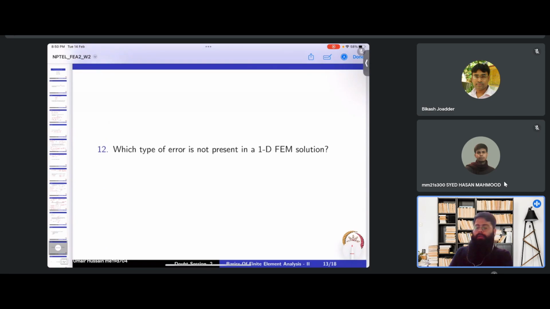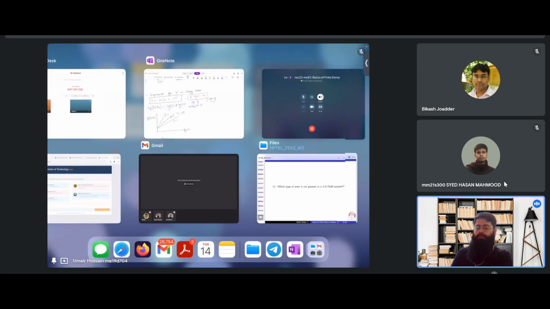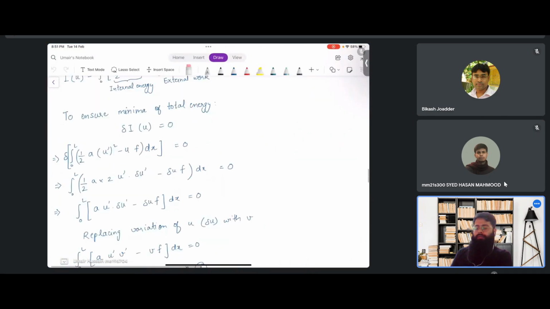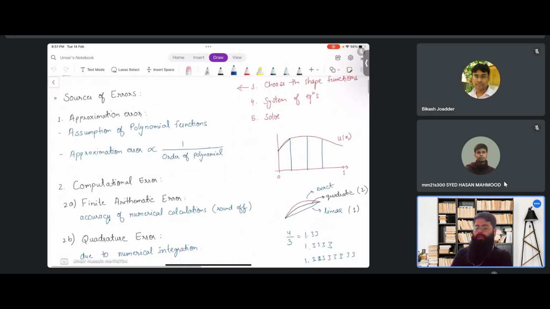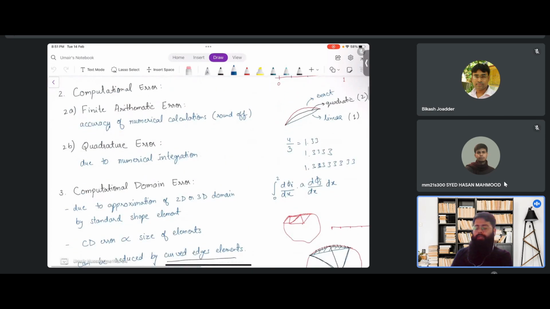So again, we studied this initially. What type of error is not present in a 1D FEM solution? How many types of error do we have? Three main types: approximation error, computation error, and computational domain error.